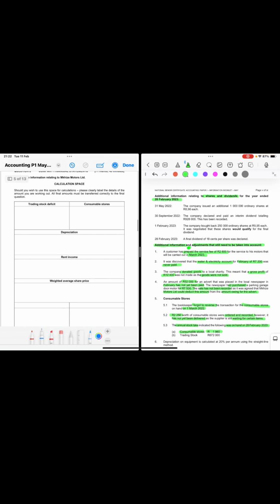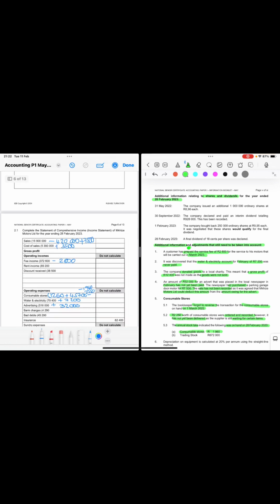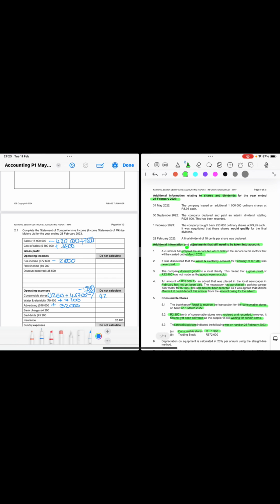Okay, so that would be 1,250 plus 45,700 minus 2,250 minus 1,960 to give us 42,740. Yeah, then we continue.